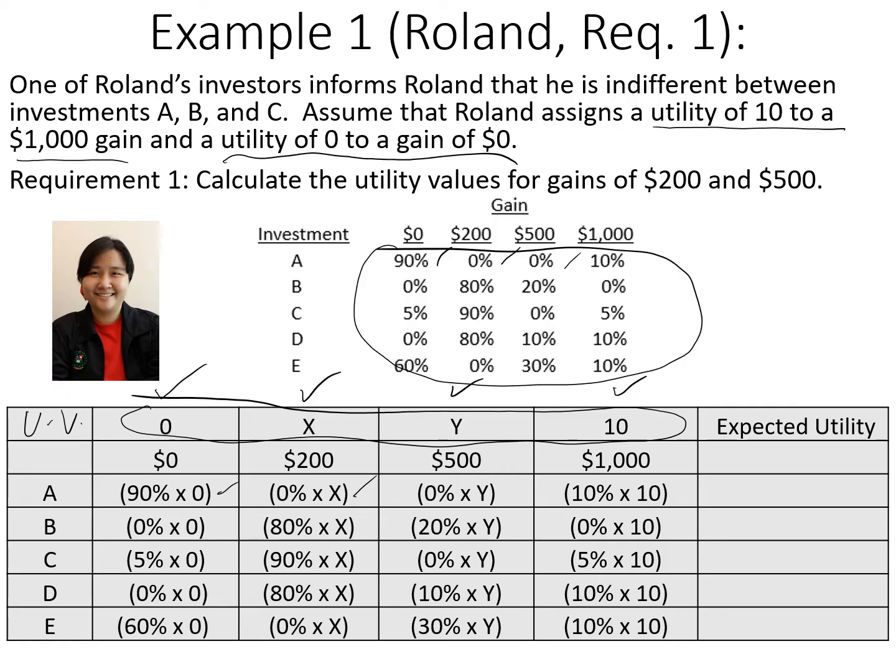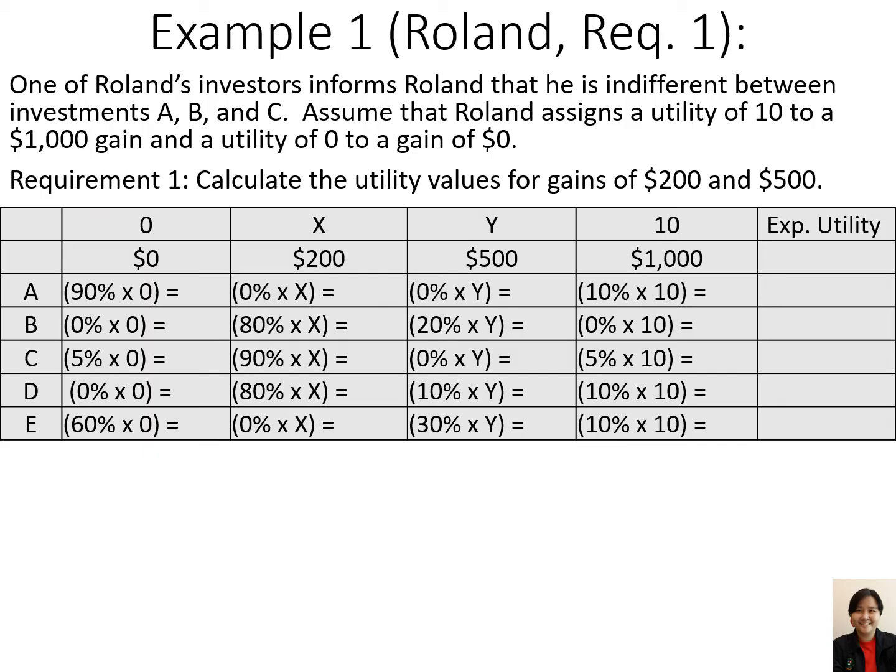So you multiply 0% times the utility value of 500, which is Y. And lastly, there is a 10% chance that you will gain $1,000. So you multiply 10% with the utility value of $1,000 gain. So you're going to do the same thing for investments B, C, D, and E until the table will be completed.